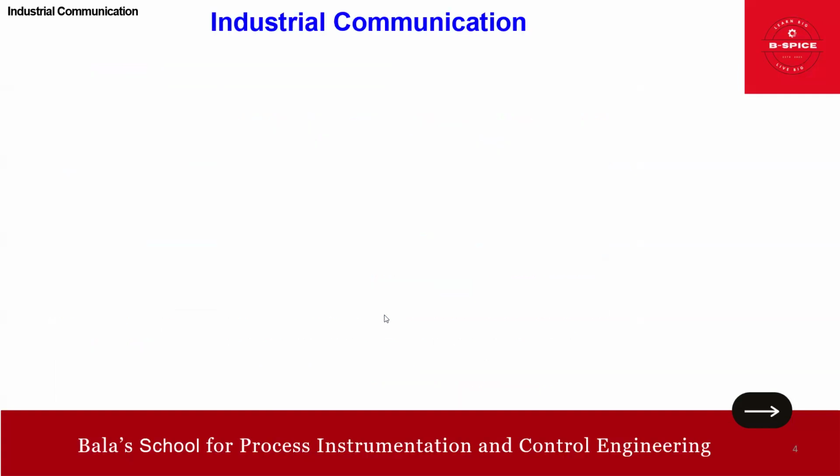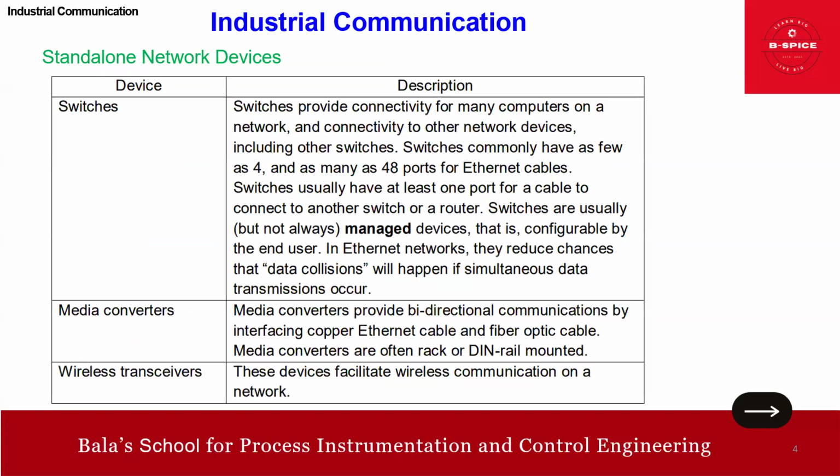Now I go into standalone network devices. In the standalone network devices, friends, switches, converters, wireless transceivers, all these. Switches mainly provide connectivity for many computers on a network, obviously, and connectivity to other network devices.